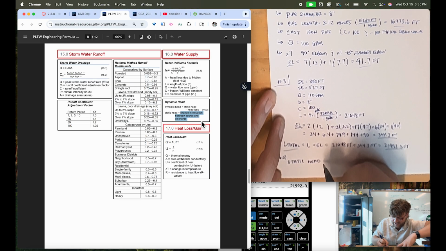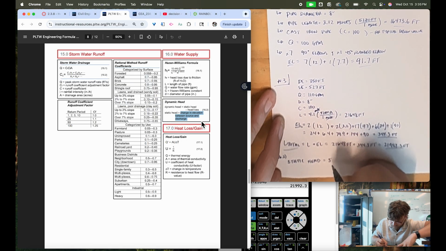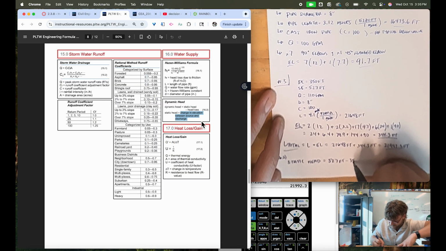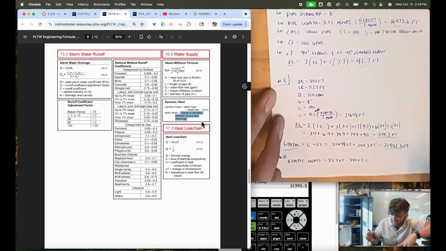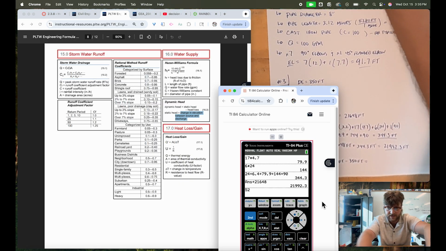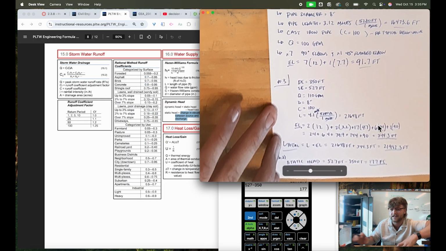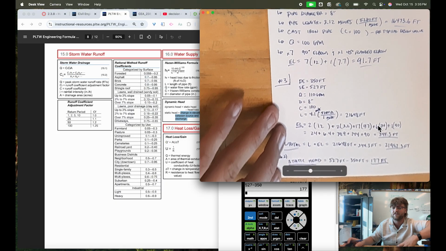Static head is equal to the change in elevation, so our source elevation, 527 feet, minus our discharge elevation, which is 350 feet. If we subtract these two, we can punch into the good old calculator 527 minus 350. That's going to give us 177 feet. So that is our static head, equal to 177 feet.